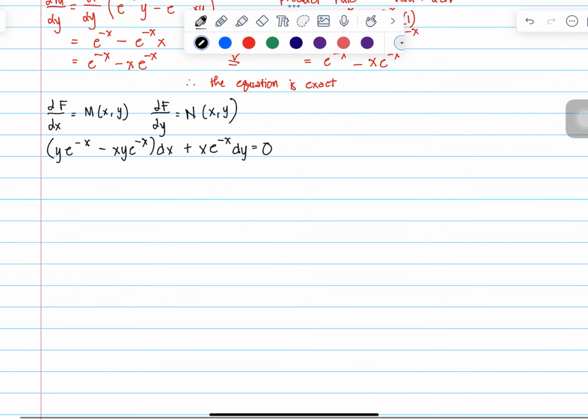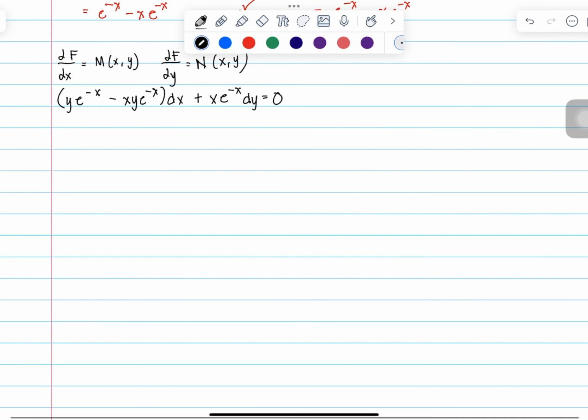So let's do the first formula. We have the integral of the partial derivative of f with respect to x. Where is your m? Your m is the first term: y e to the negative x minus x y e to the negative x. So how do we get f?